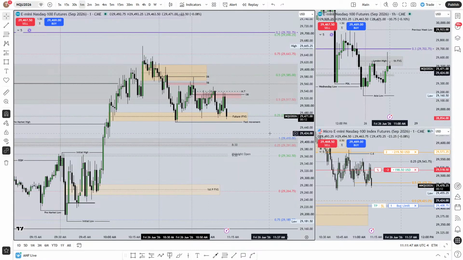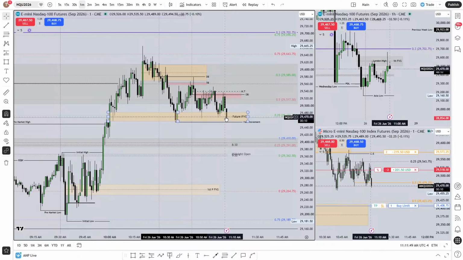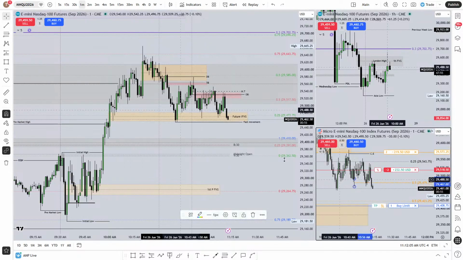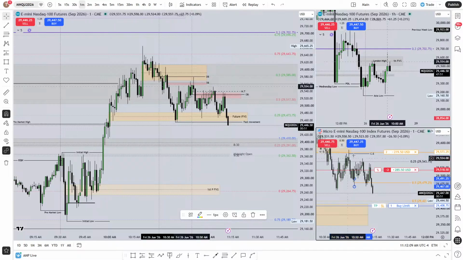Okay, in the next 10 seconds, I want to see it close below here. Close below this midpoint of that 1 minute candle right there. So I do want to see us start to have that fast movement now.